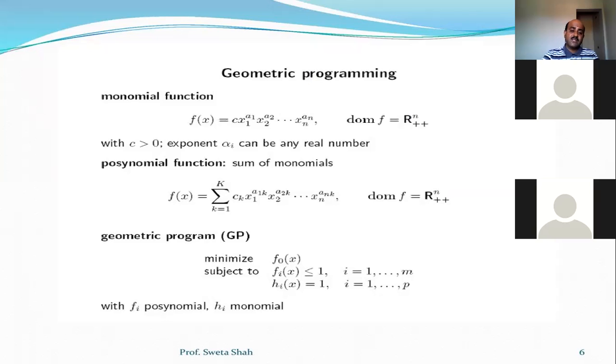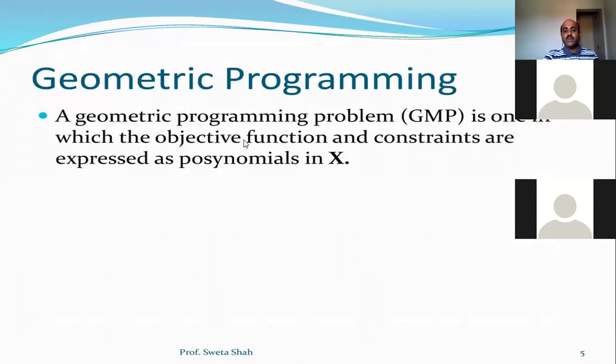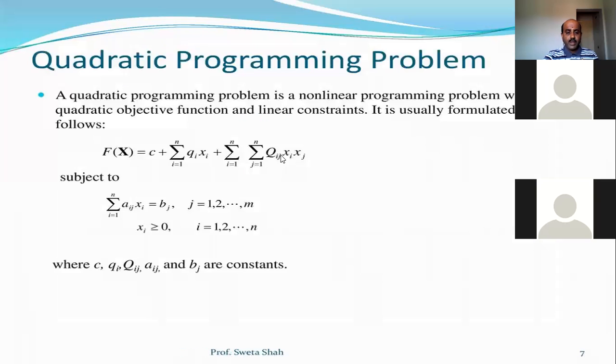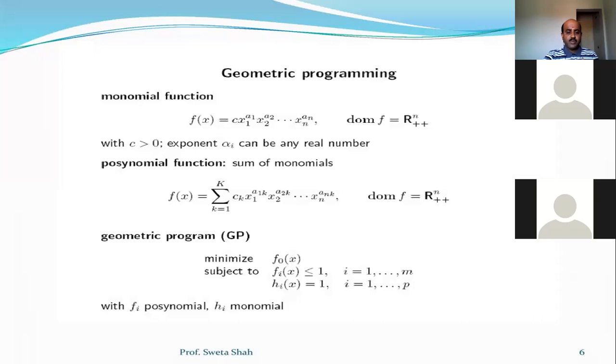So it is a standard geometric programming problem that we have here, where the objective function and constraints are expressed as a polynomial in X. Here we have the polynomial. Please go through the textbook and you can understand what a polynomial is.